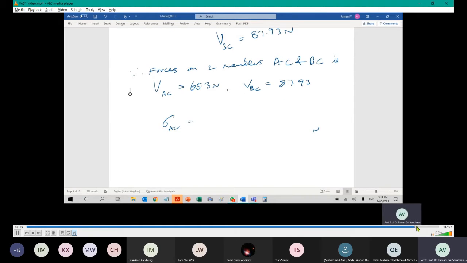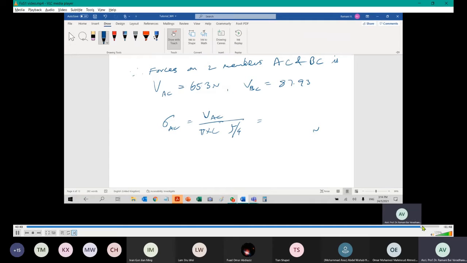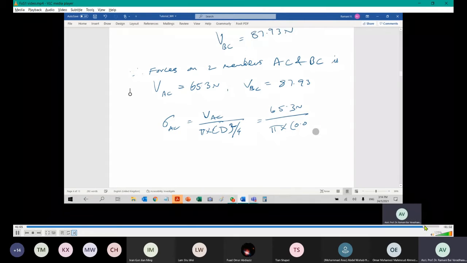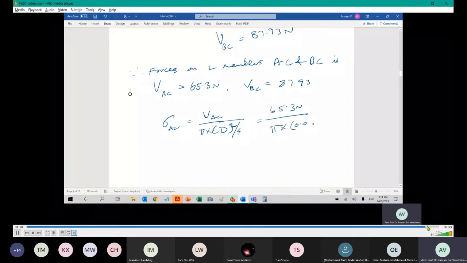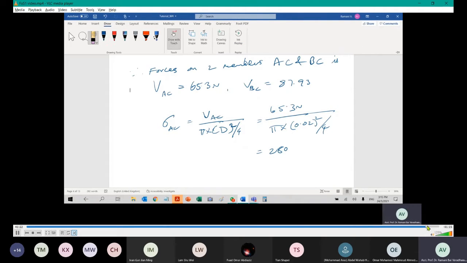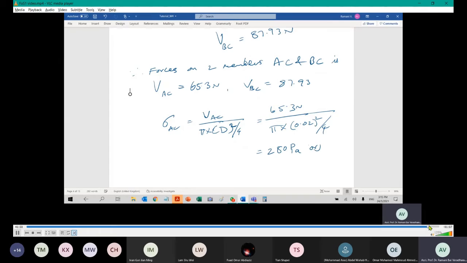Remember, the stress in AC is equal to VAC divided by the area. Better we find the area separately, or otherwise I substitute here. The cable diameter is same. Cable diameter is 20, diameter 0.02. Please check your answer. You also work along with me, for Newton over meter square.